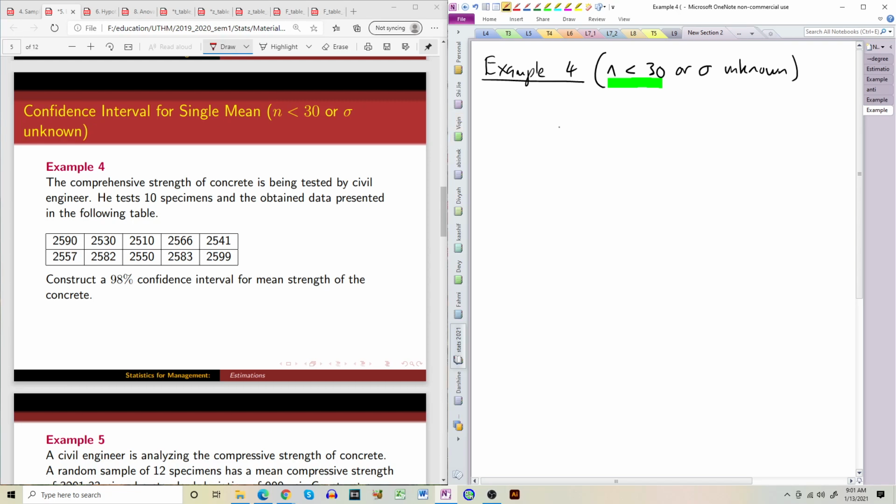In this case, less than 30, we will use the t table. So the formula for the t table is almost the same, x bar plus minus, instead of z I am replacing t, that's all.